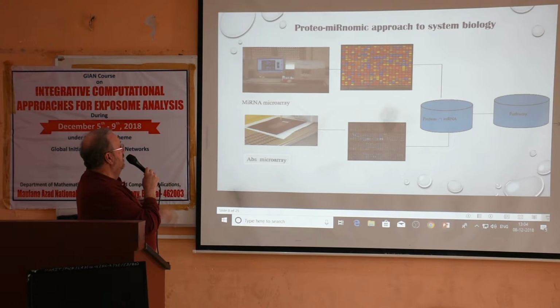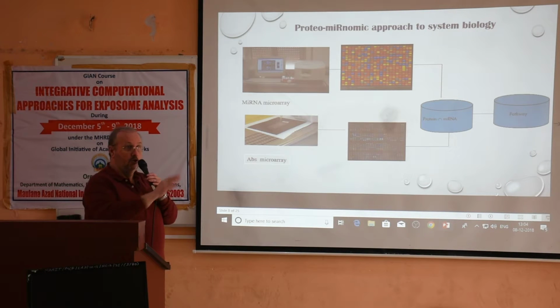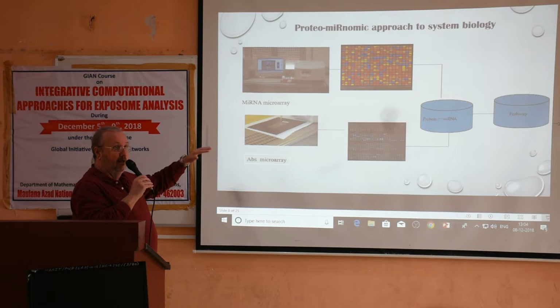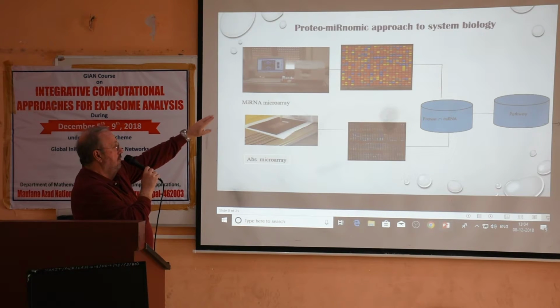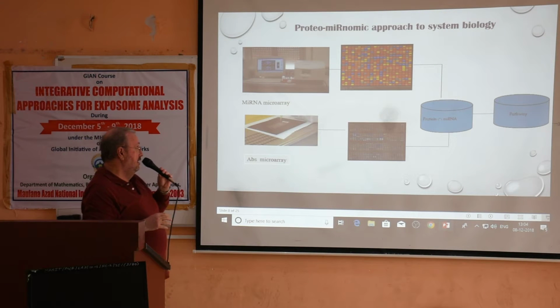You can see here the microarray and antibody array, which is similar in its fluorescence approach, and each one requires a different data mining system. The analysis is different when considering microarray, microRNA and protein.